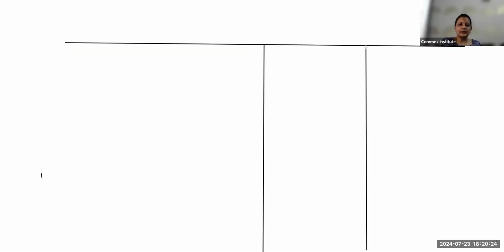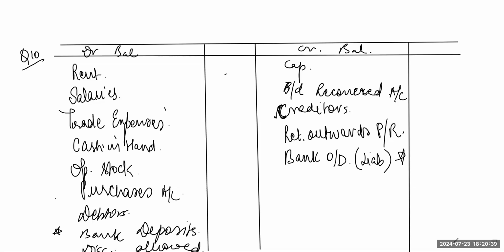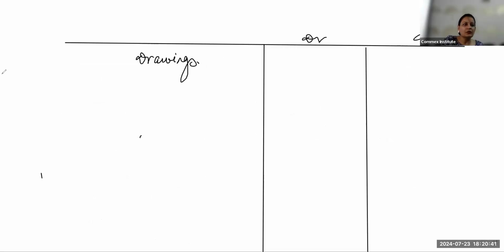We have done till discount allowed. And now moving on to drawings. Yes, Navya. Ma'am, drawings will also be debit side. Very good, because drawings to cash, we pass that journal entry. Wait. I drew the format wrong. So I'll put drawings on the debit side.